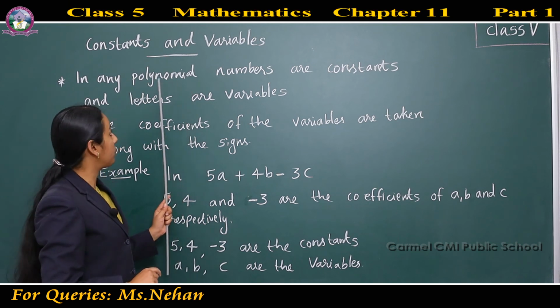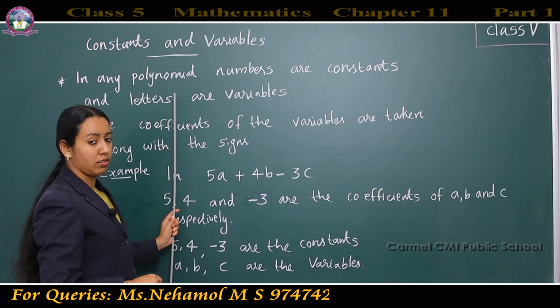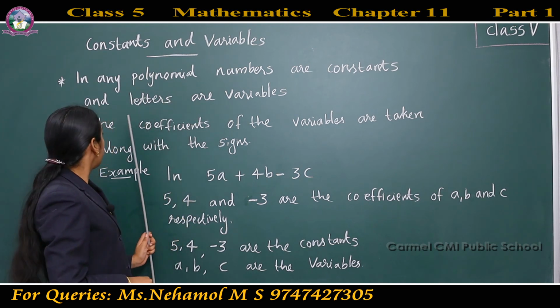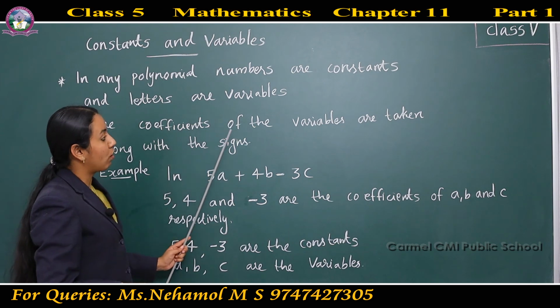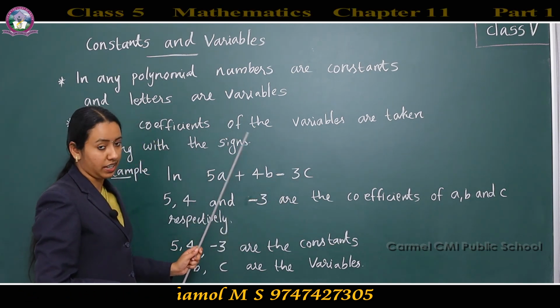In any polynomial, the numbers are constants and the letters or the alphabet we use are variables. The coefficients of the variables are taken along with the sign.